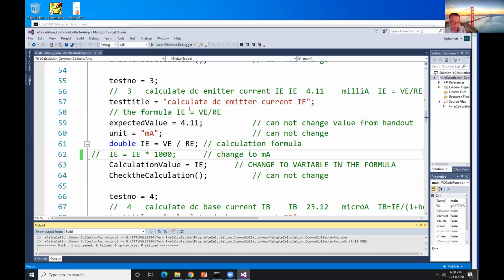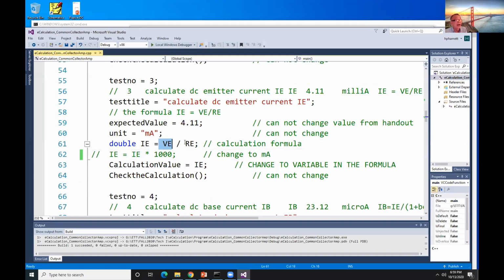But I can tell you one thing. You want to calculate IE, you take VE divided by RE. That's correct. However, the value coming out of the IE must be in amperes. Why?